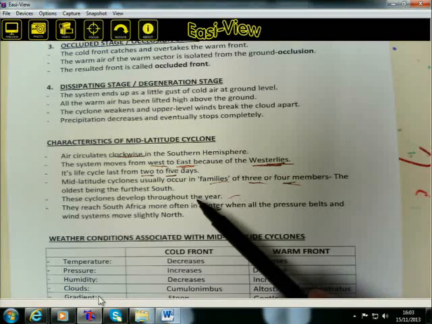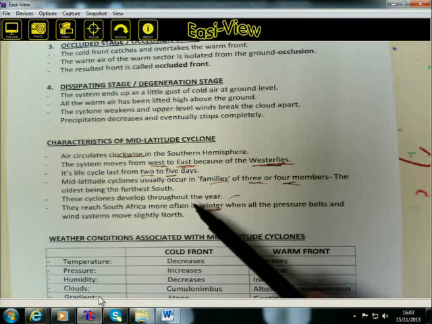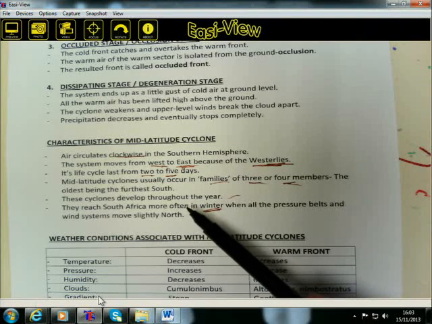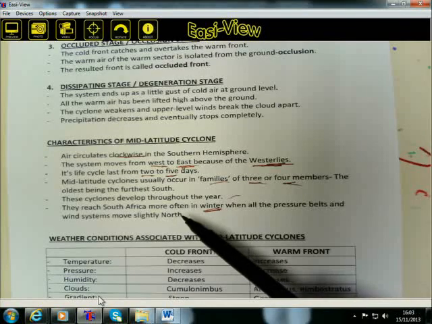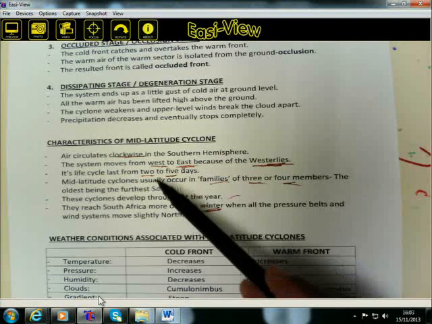I said this is where most of the learners get confused. When the question says, explain the circulation of air in the system, then the circulation of air in the system is clockwise.